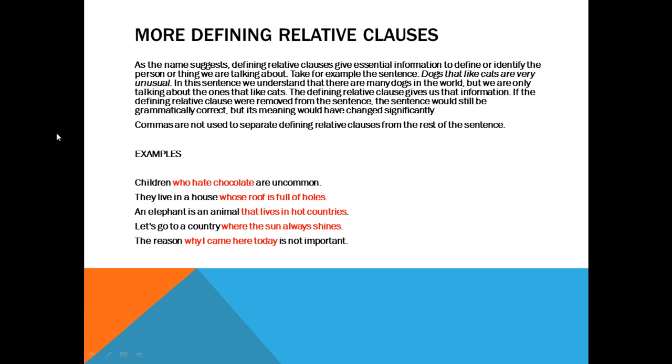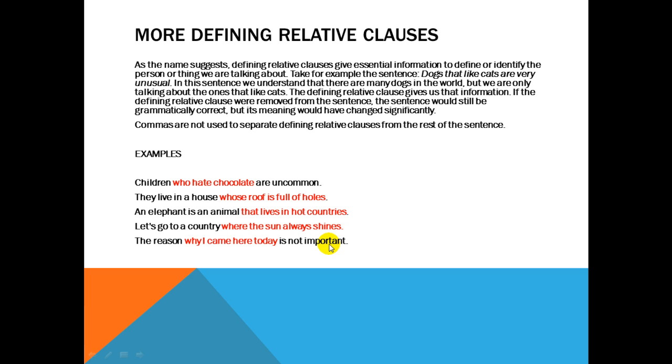Repeat after me. Children who hate chocolate are uncommon. They live in a house whose roof is full of holes. An elephant is an animal that lives in hot countries. Let's go to a country where the sun always shines. The reason why I came here today is not important.